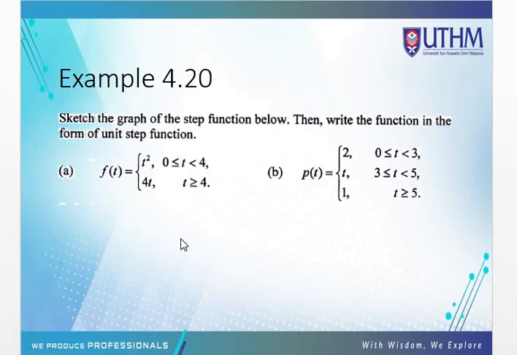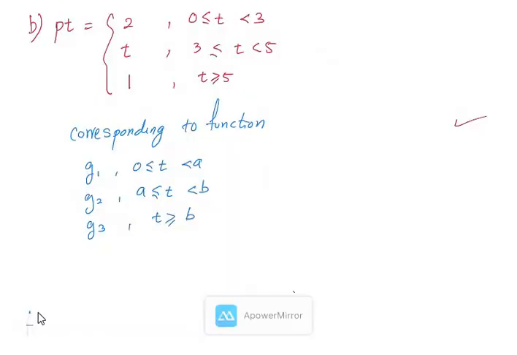Second question, we have p(t) equal to 2 from 0 to 3, t from 3 to 5, and 1 for t more than 5. For this question, we compare with the corresponding function. g1 is from 0 to a, so this means that a is equal to 3.